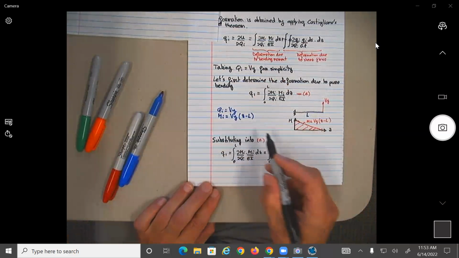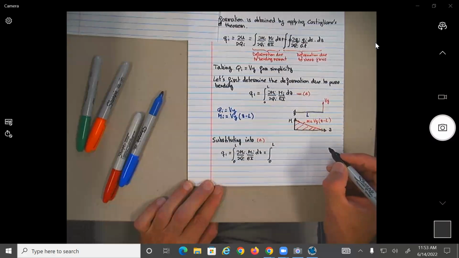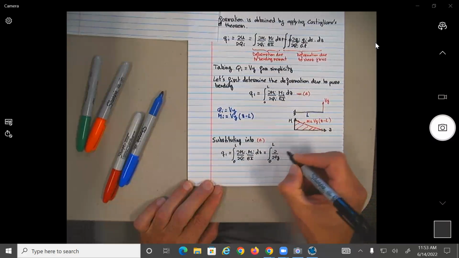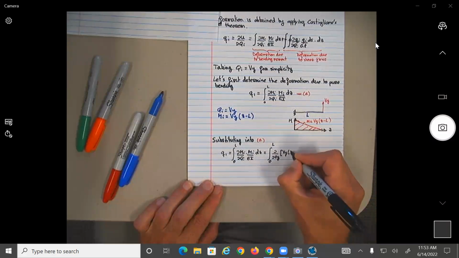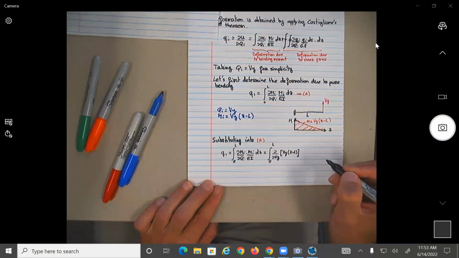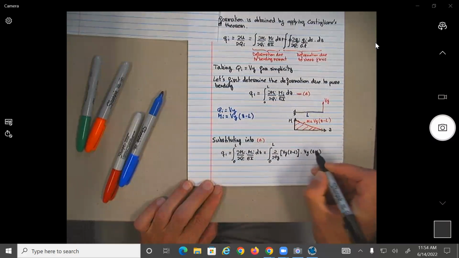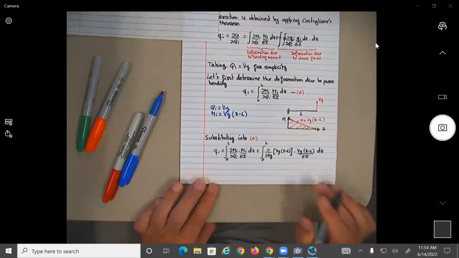If we take the derivative in function of Vy, this will be the partial with respect to Vy of Vy (Z minus L), times Vy (Z minus L), divided by EI, dz.